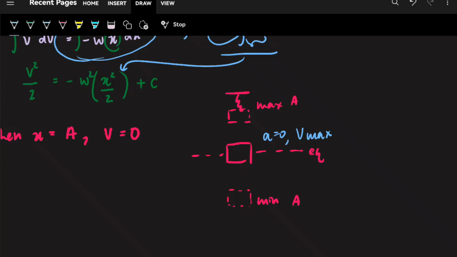Whereas when you are at the amplitude, whether it's the highest or the lowest amplitude, your velocity is 0, but your acceleration is maximum, because the spring, the load, is further away from its equilibrium. So it needs a lot of acceleration to accelerate back to its equilibrium position. Same thing at this minimum amplitude, your velocity is 0 and your acceleration is maximum.